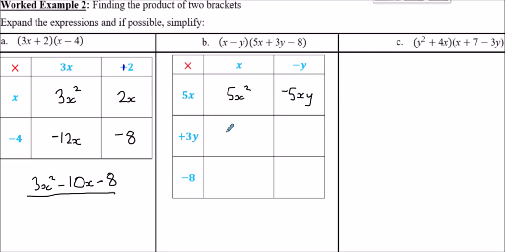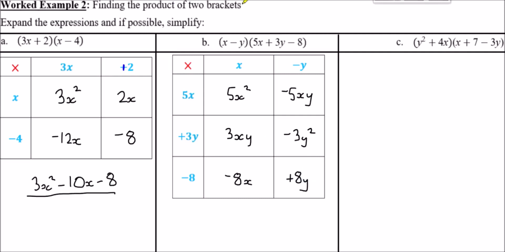X multiplied by 3y is 3xy. 3y multiplied by minus y, that's minus 3y squared. X times minus 8, minus 8x. Minus 8 multiplied by minus y is positive 8y.